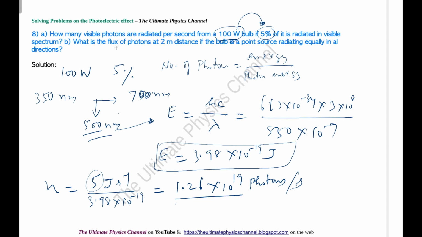Now, what is the flux of photons at 2-meter distance if the bulb is a point source radiating equally in all directions? So here we need to calculate the flux at a distance of 2 meters. At a distance of 2 meters from the source, which is radiating equally in all directions, we have a surface area equal to 4 pi r squared, right?